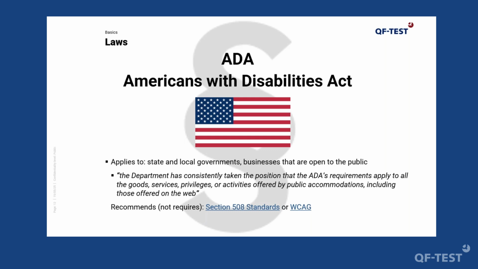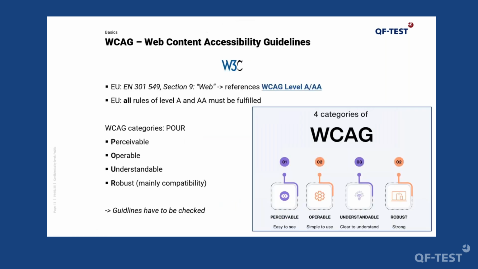If we're talking about web accessibility, they say you have to follow either this standard or the WCAG, the Web Content Accessibility Guidelines. And funnily enough, the Web Content Accessibility Guidelines, I'm sorry, they are also the basis of the EAA and therefore the BFSG.